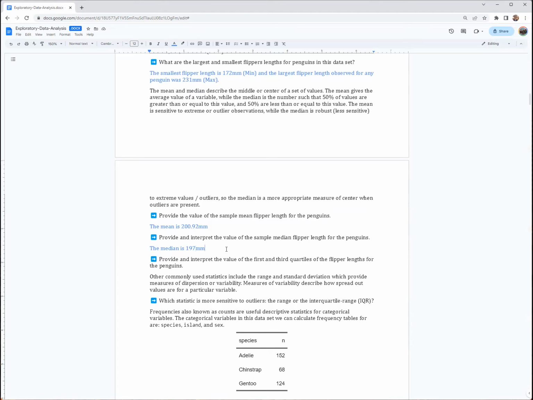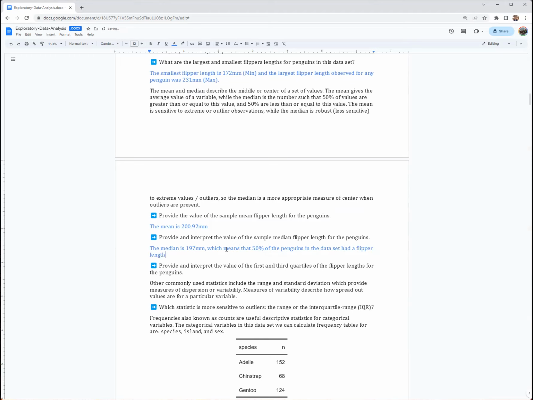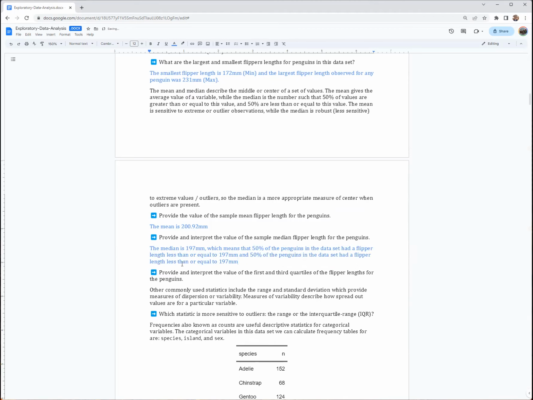So the median is 197, and the median can be interpreted for a data set. So that's how we can interpret the median. It's in the very middle of the data set in terms of percentiles.